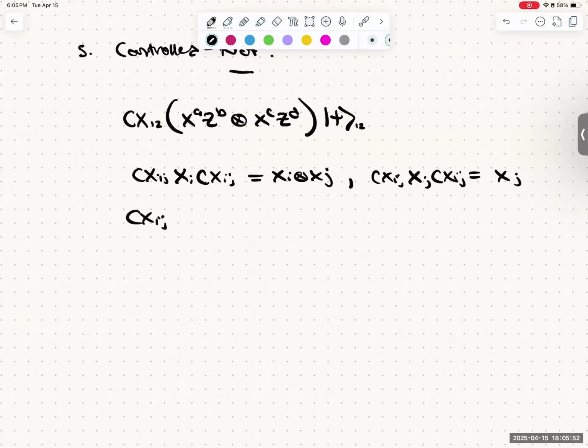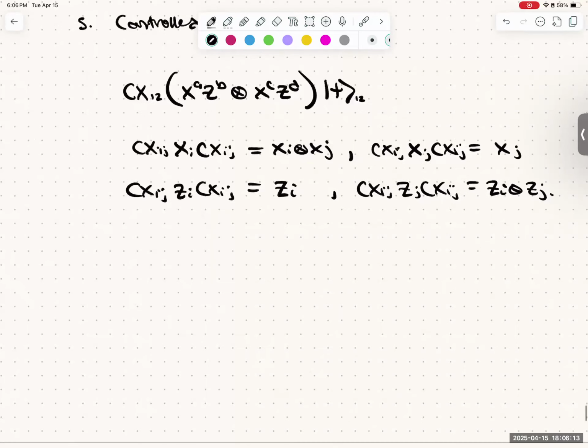Similarly, CXij Zi CXij leaves this one unchanged because the control depends on Z. So this is just Zi, and then CXij Zj CXij equals Zi Zj.